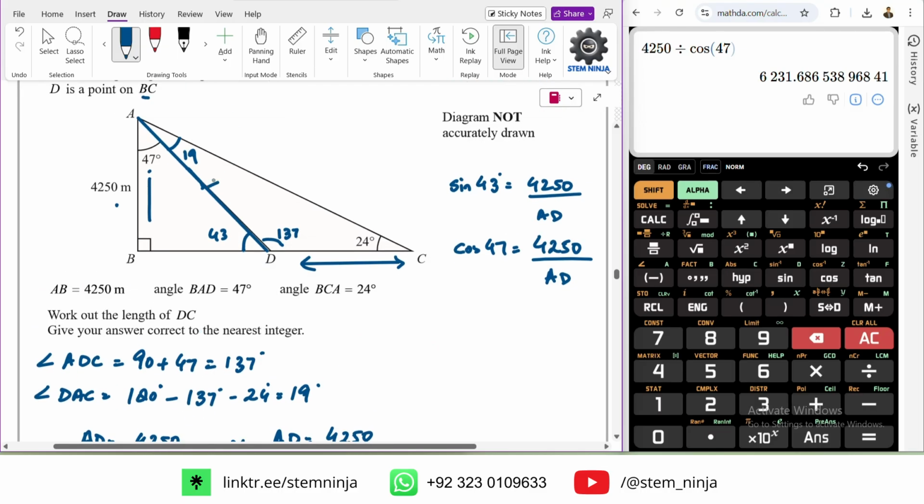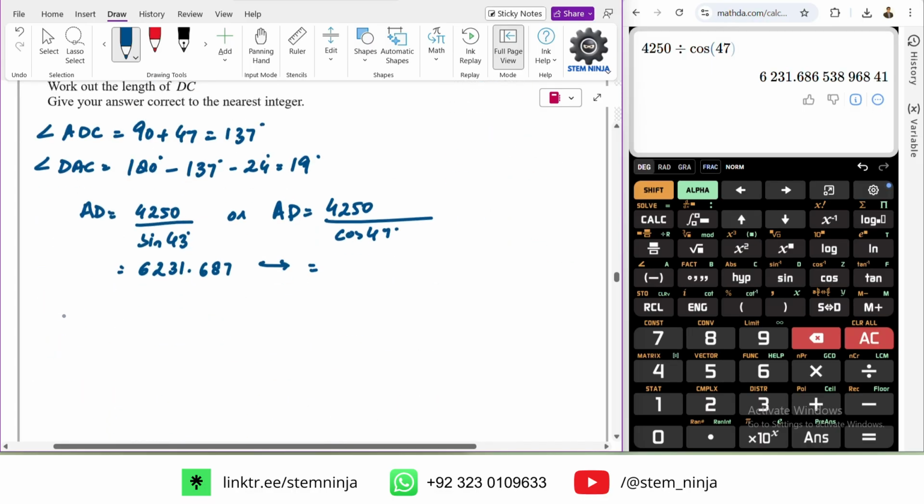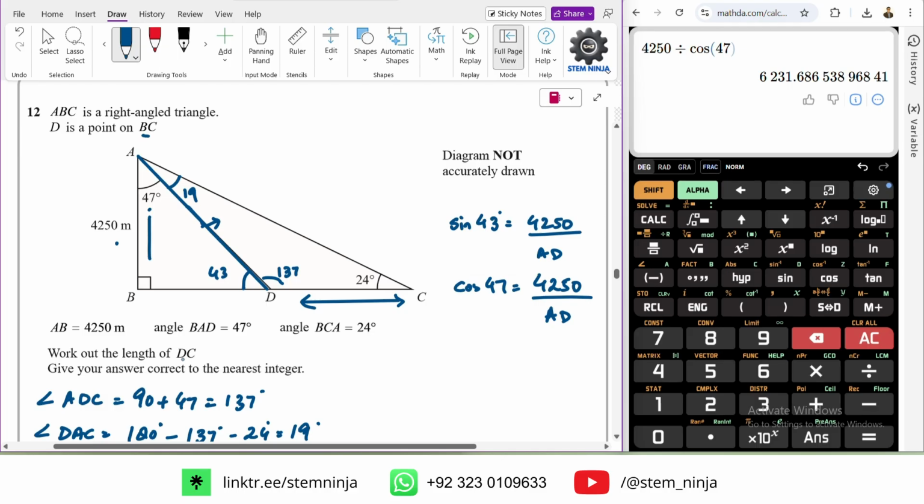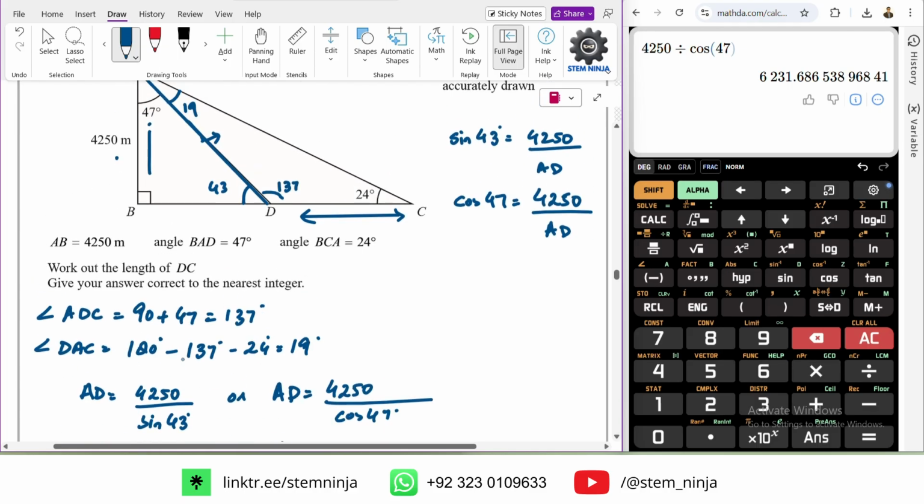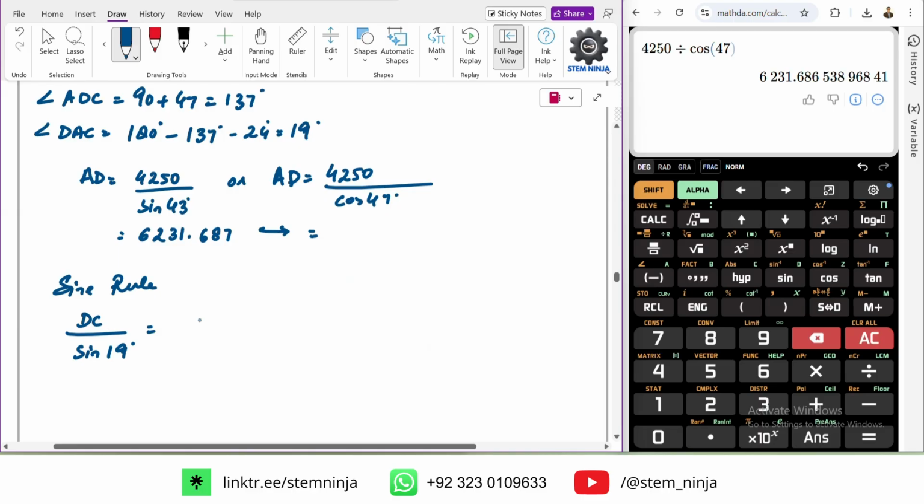Now that we have this side, we can use the sine rule. So DC over sine of 19 degrees equals AD, 6231.687, divided by sine of 24 degrees.